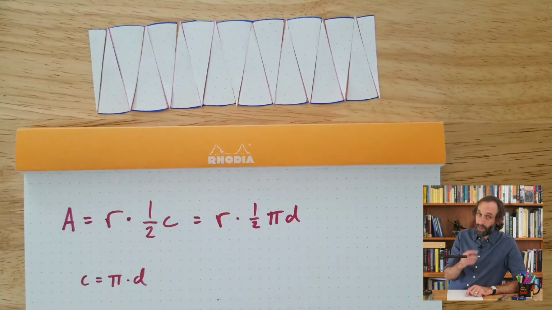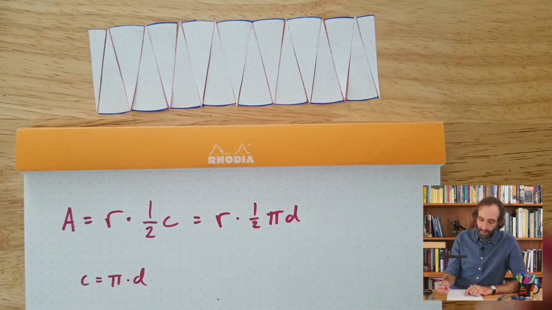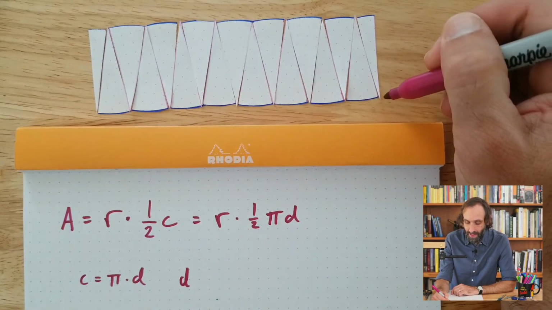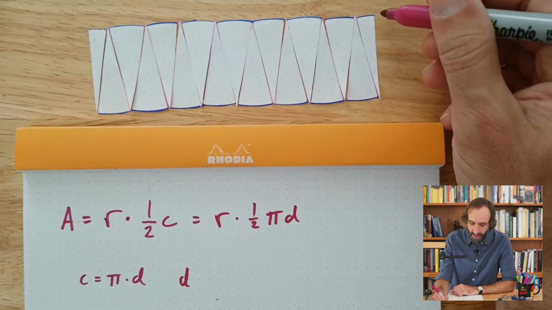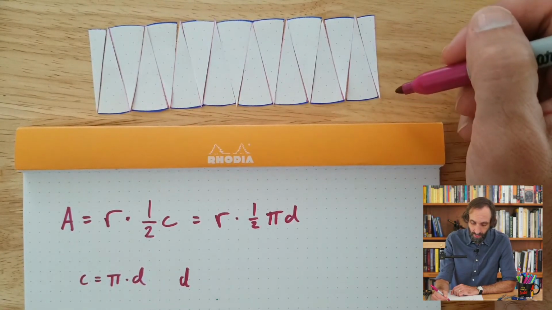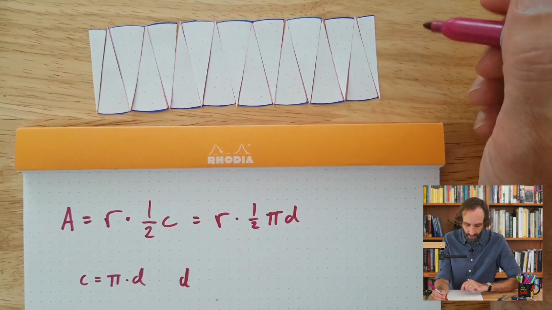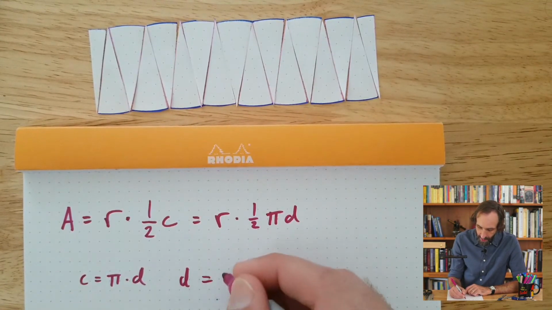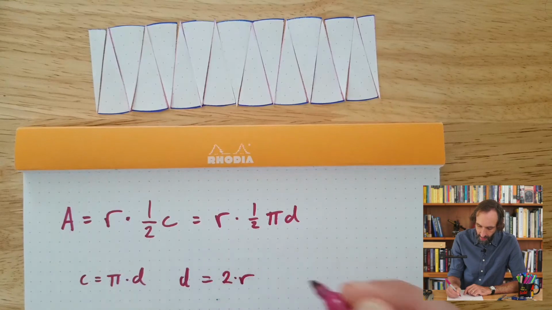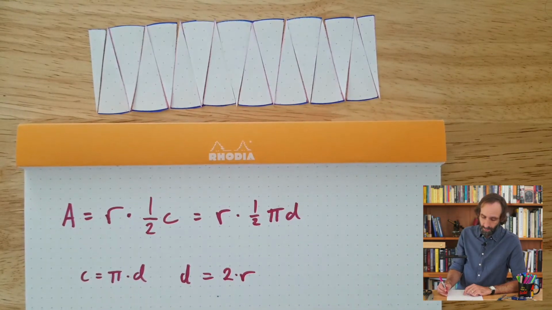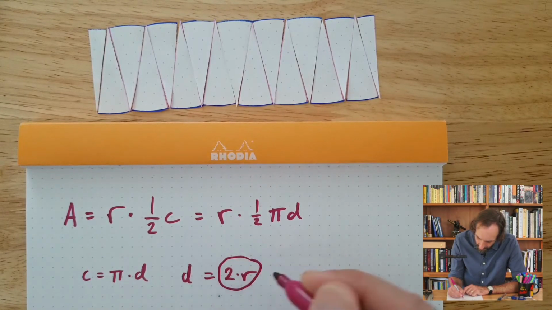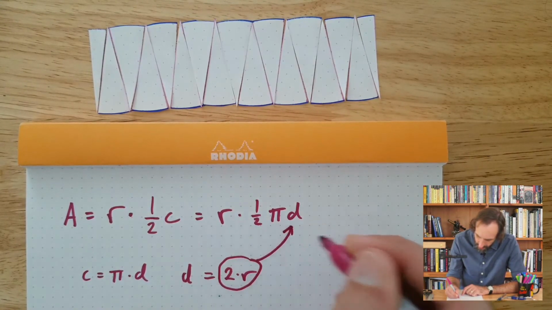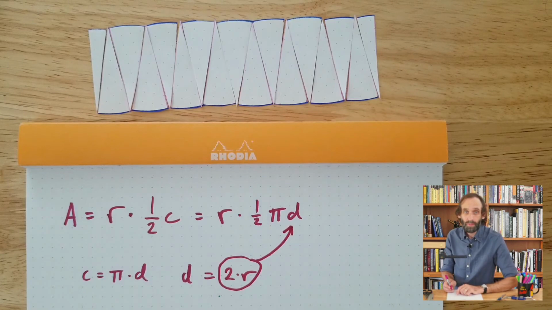We'd like to have just one variable, but recall that while the radius is the distance from the center to the circle, the diameter is the distance all the way across the circle, going through the center. And so the diameter is equal to 2 times the radius. Okay, well, now we can take this 2 times the radius, and we can substitute it in for diameter.